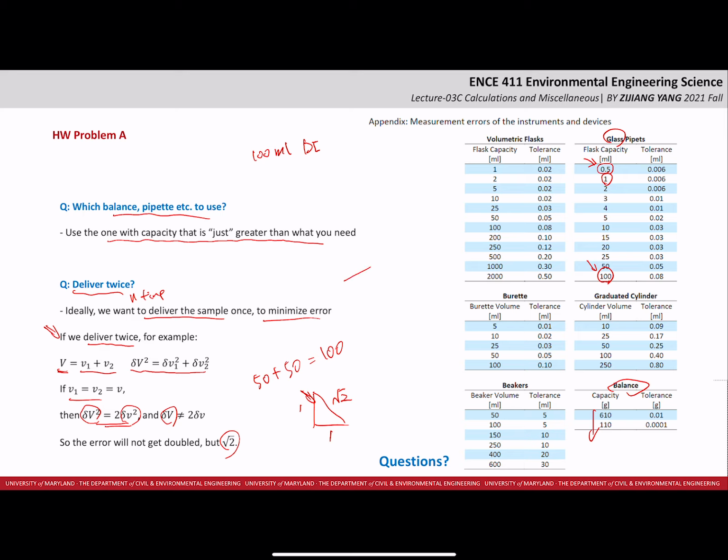We can just imagine, if we have data that can be positive or negative, like for the errors, and another data that can also be positive or negative, then if we combine them together, the negative error and the positive error may cancel out. So the total error may not be that large.